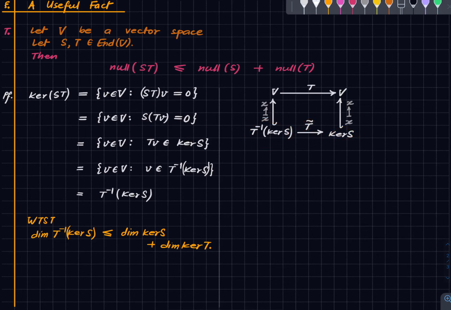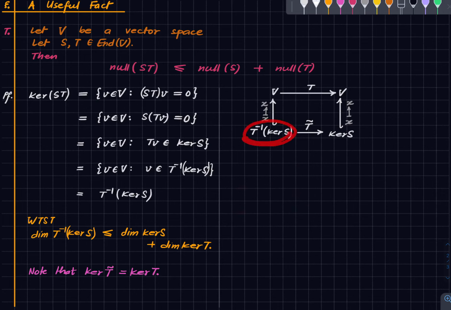Note that the kernel of T tilde is the same as the kernel of T. If something is in the kernel of T, then T of V is 0, and hence that thing lies in the kernel of S. What I'm saying is: fix V in the kernel of T, we want to show that V is in T inverse kernel of S, which is to say that T of V is in the kernel of S. That is true because if V is in the kernel of T, then TV is 0 and hence TV is in the kernel of S. 0 is always in the kernel of every linear map. So that direction is trivial.